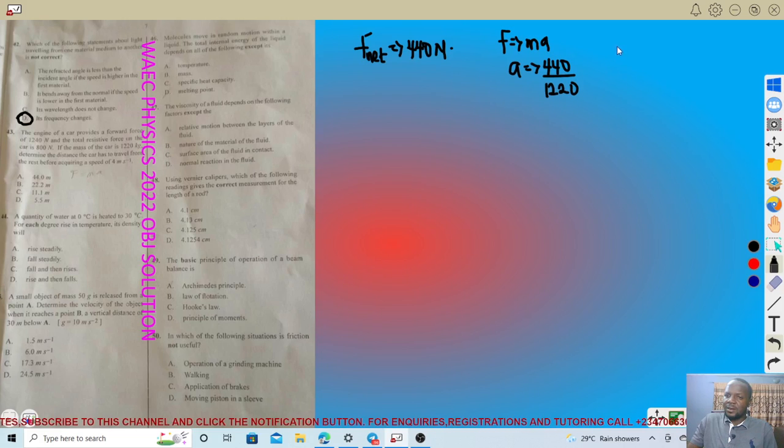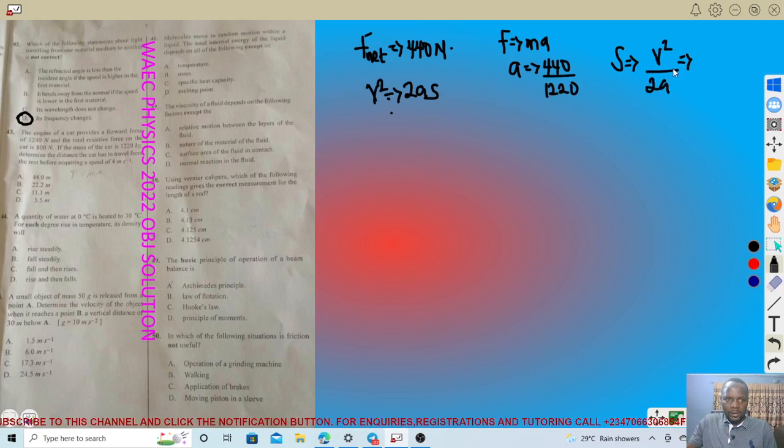So we know that I'm looking for the distance. I'm using v squared equals 2as, for some of us who are not so good at understanding directly. Let me take you by steps. s will be equal to v squared over 2a.